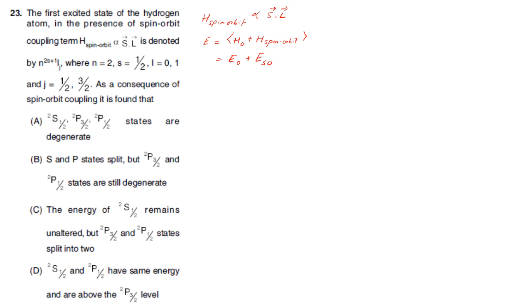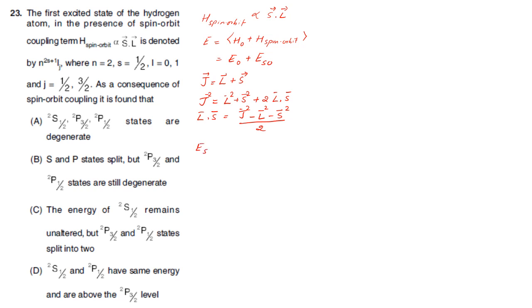Then since we know that vector j is due to spin and orbit interaction, j square is equal to L square plus S square plus 2 L dot S, where all are vectors. Therefore L dot S is j square minus L square minus S square divided by 2.